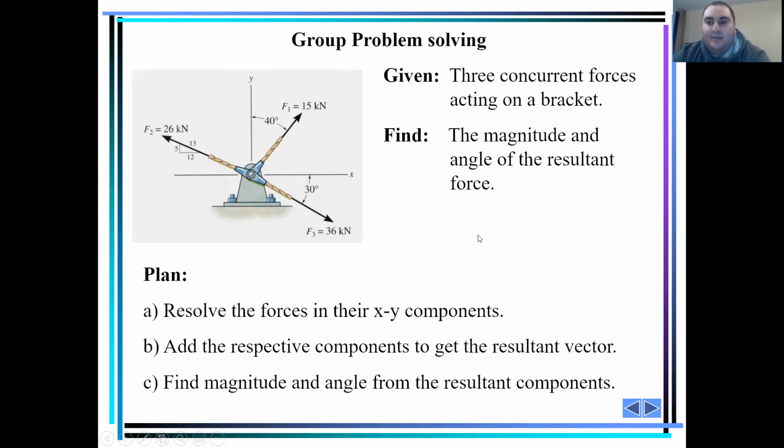And I'd like you guys to solve this problem by using a step-by-step plan. In this plan, I want you to resolve each force, F1, F2, and F3, into its x and y components. Then add the respective components to get the resultant vector, and then find the magnitude and angle of the resultant.